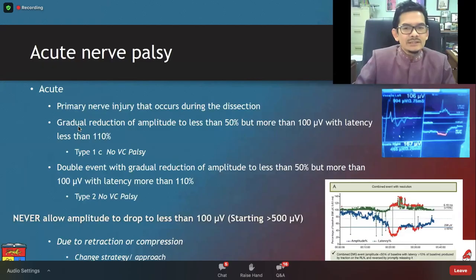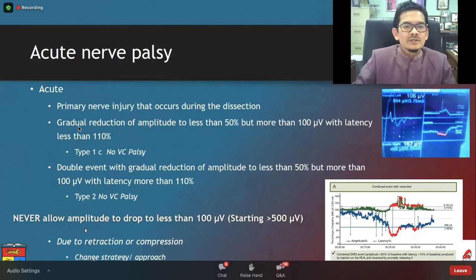And this is type 1C, you don't get vocal cord palsy. Or you can have a double event, an increase in the latency and a drop in the amplitude, but it doesn't drop to less than 100 microvolts. In this case, you still don't get vocal cord palsy.